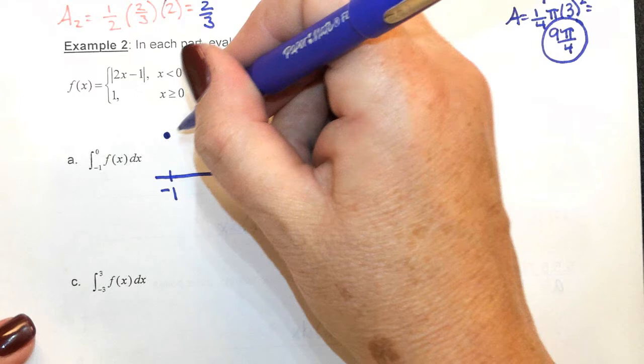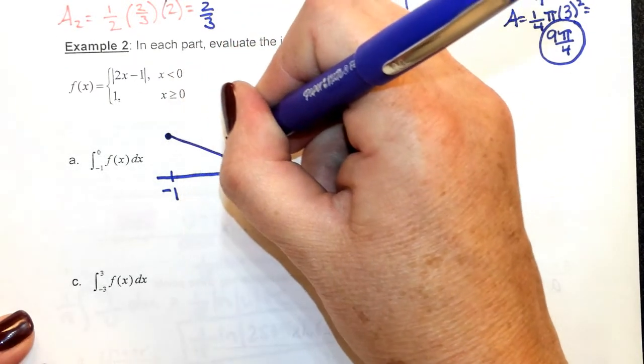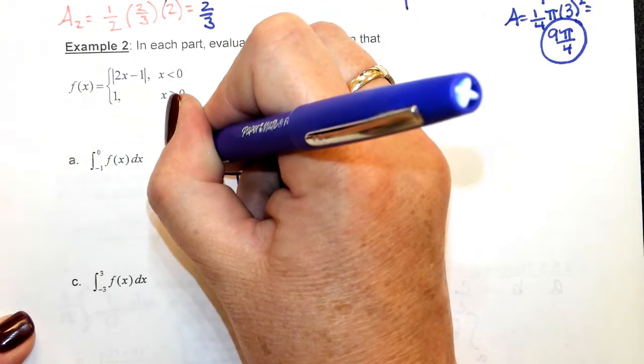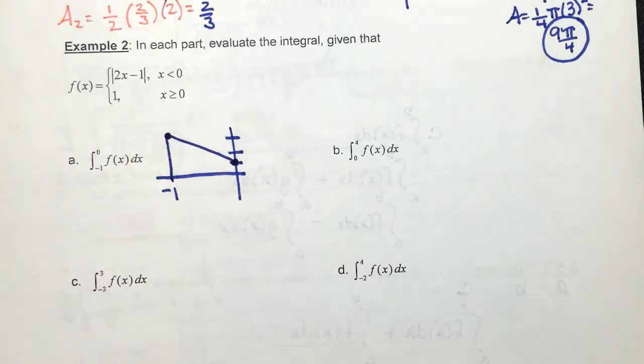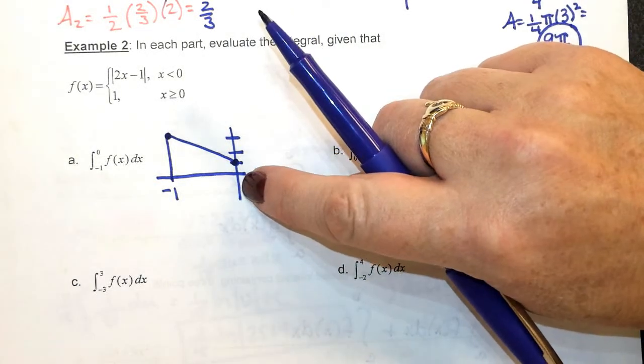Again, I know the absolute value is some kind of v. This is the shape I come up with. It's not a perfect triangle, is it? Because the triangle's side is not going to the origin.